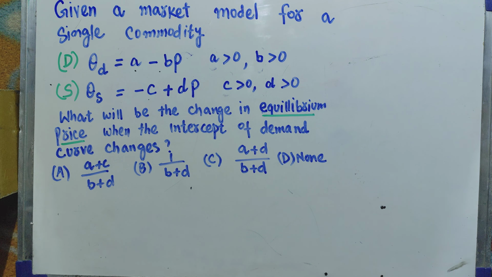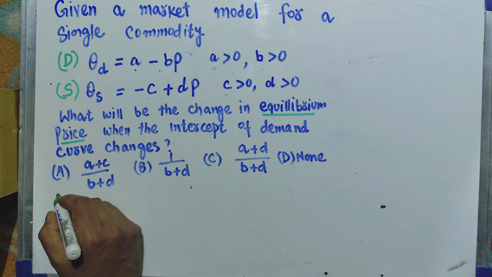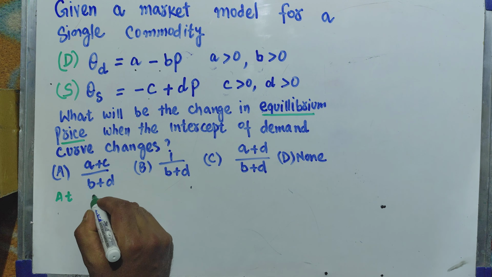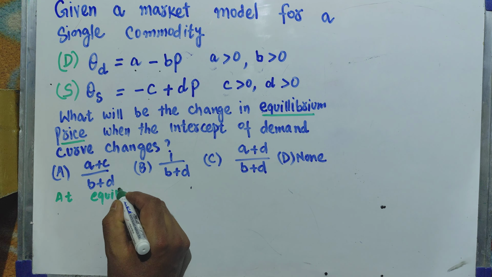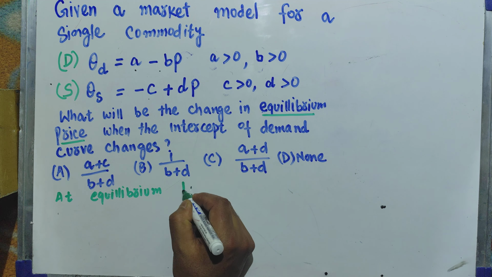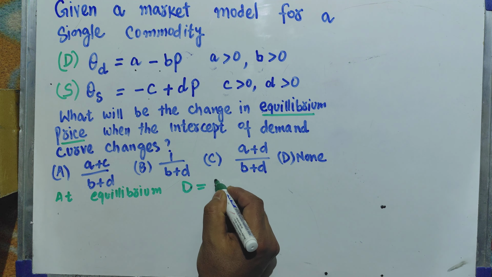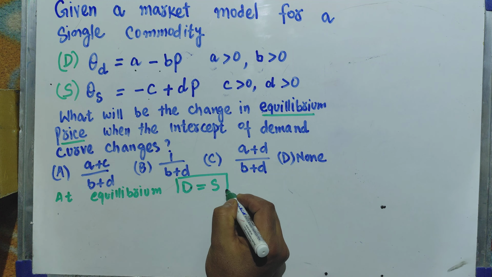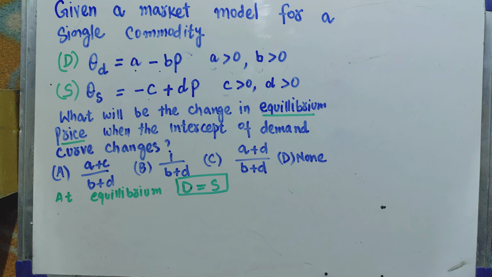Okay. So first thing is we need to find out the equilibrium price. So we know what happens at equilibrium. At equilibrium, demand should be equal to supply. Quantity demanded should be equal to the quantity supplied. Now what is quantity demanded?